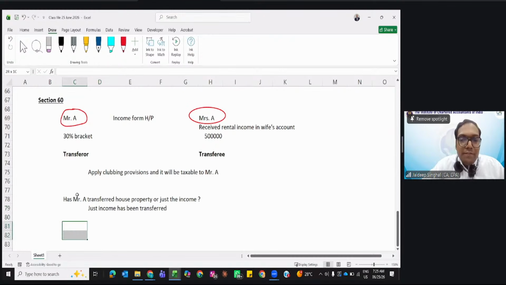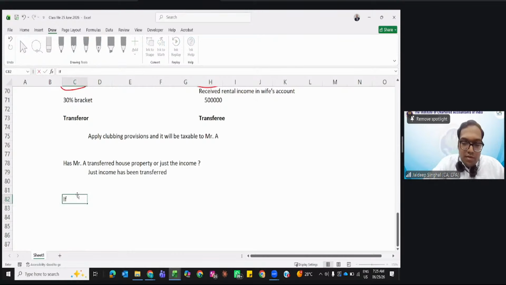Now tell me, if Mr. A transfers the house property as well to Mrs. A, will clubbing apply? Do you remember any provision applicable here?